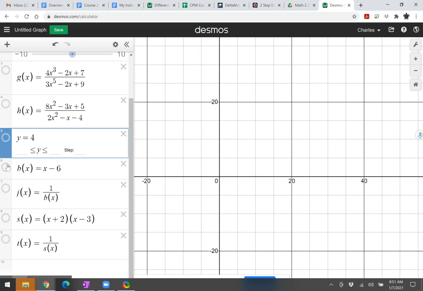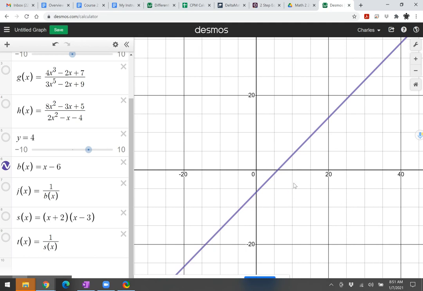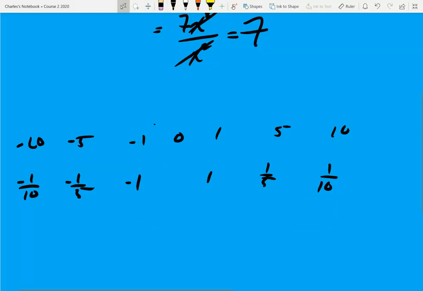So look at this, an easy function: y is equal to x minus 6. What's its reciprocal going to look like? By the way, the thing that I didn't put on this number line was 0. The reason I didn't put it in there is because you can't divide by 0.